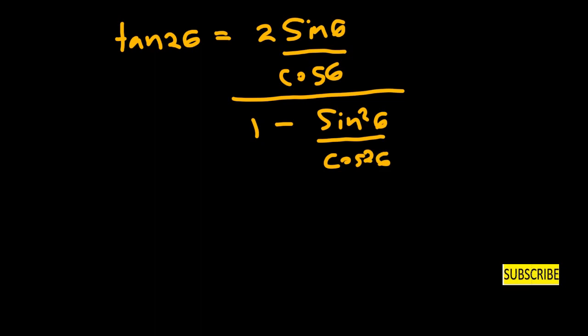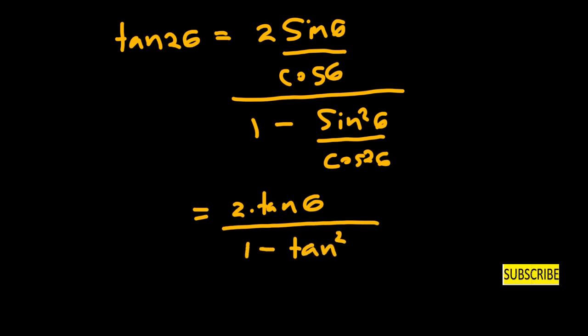Then we can simplify this expression to 2 tan theta divided by 1 minus tan square theta. This is the expression for tan 2 theta.